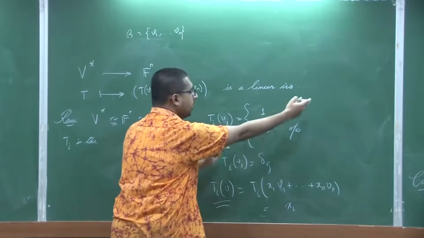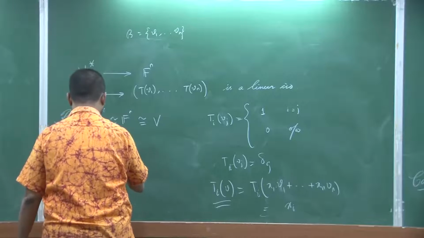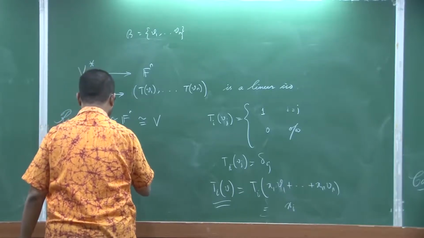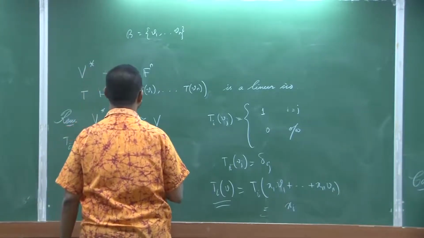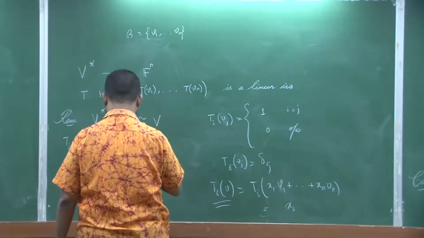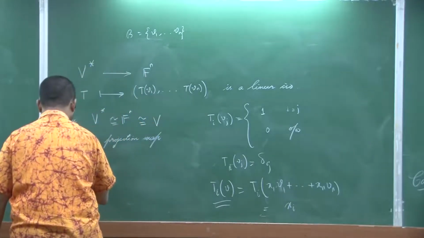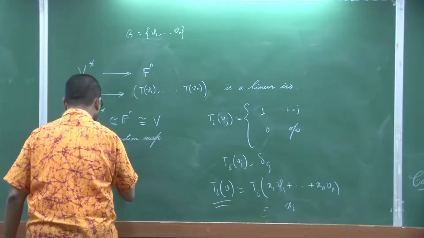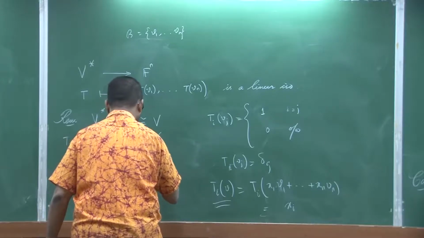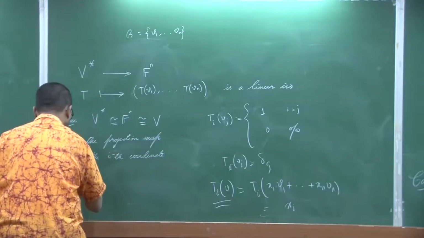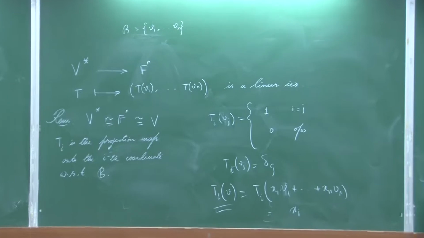Ti Vj will be 1 if i equals j, or 0 otherwise, and from that it shows Ti is the projection map onto the ith coordinate with respect to B. Okay.